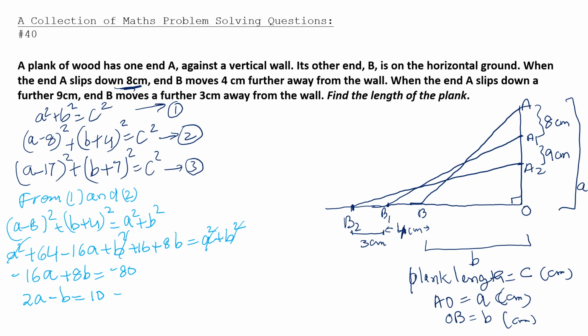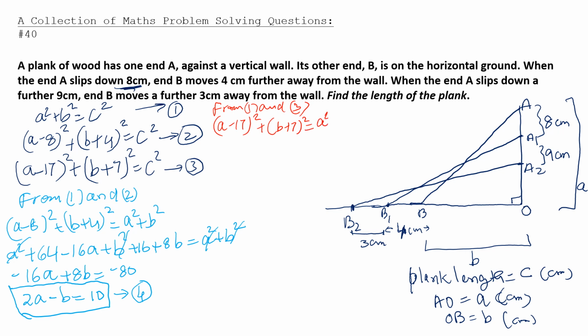If I call this equation 4, from 1 and 2 I got this. Now from 1 and 3, I get (A minus 17) square plus (B plus 7) square equals A square plus B square.